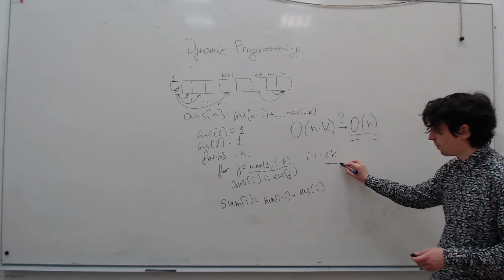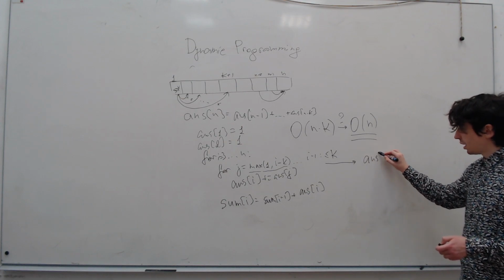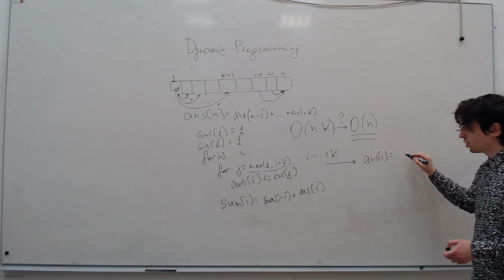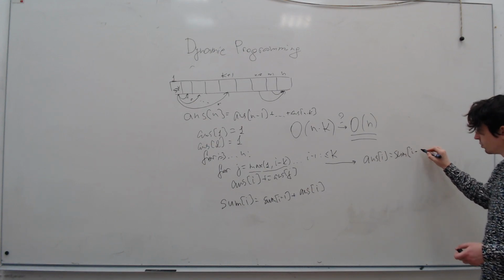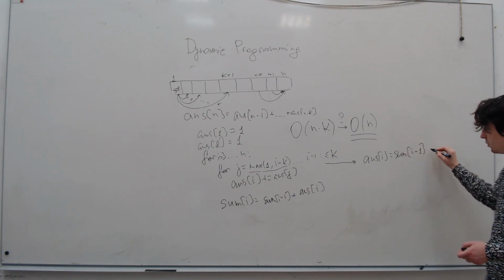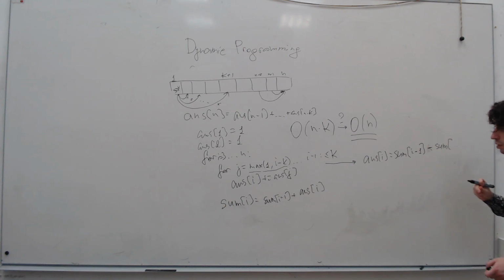And then this part of the algorithm will be like ans i equals sum i minus 1 minus sum of max 1, i minus k plus 1, or minus 1.